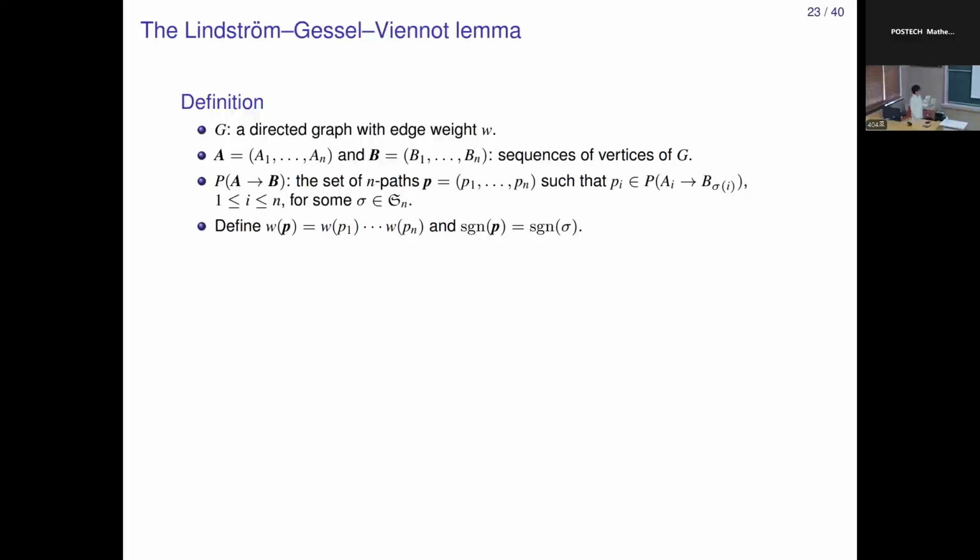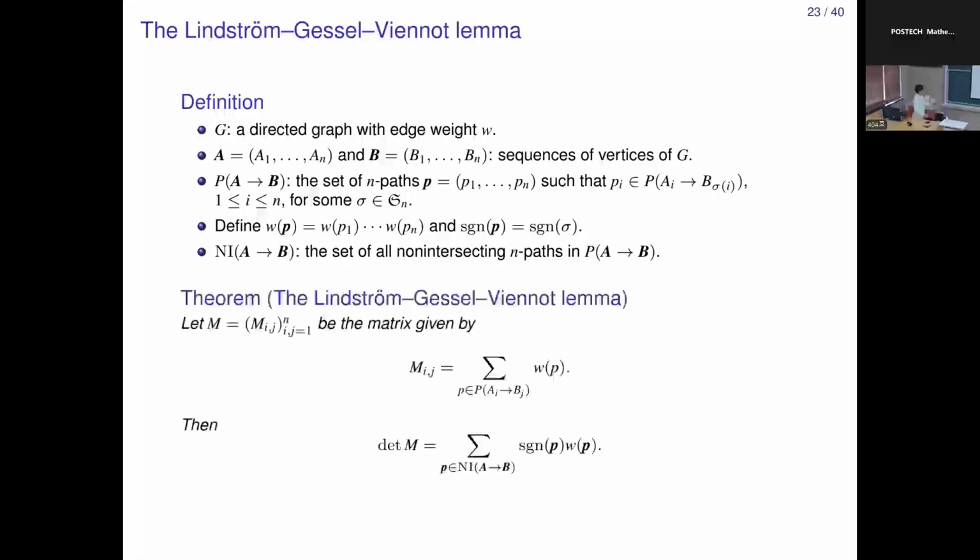Okay. And NI of A to B is the set of all non-intersecting n-paths. Here, non-intersecting means any two paths do not share any common vertices. Okay. And the lemma, the Lindström-Gessel-Viennot lemma, is the following.